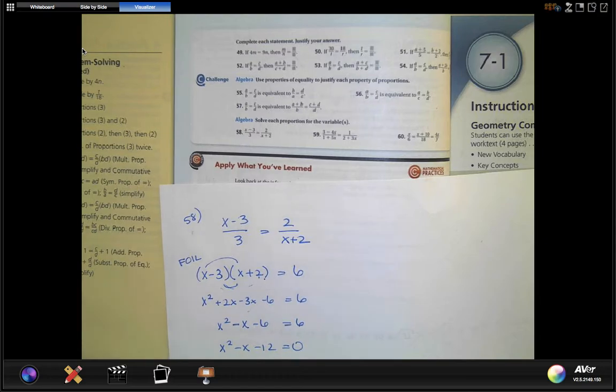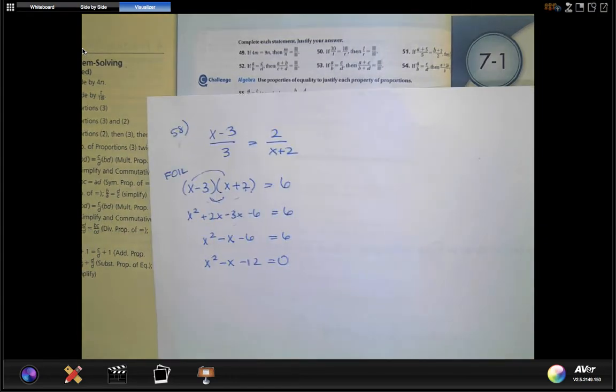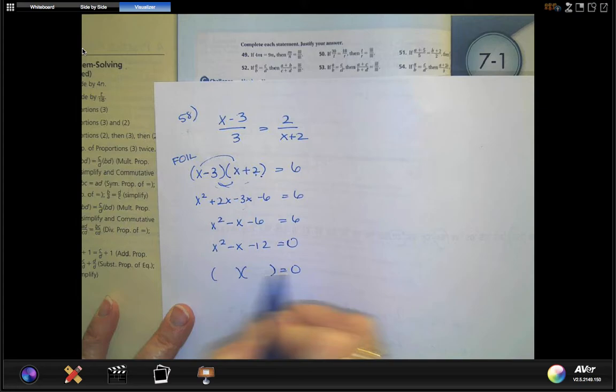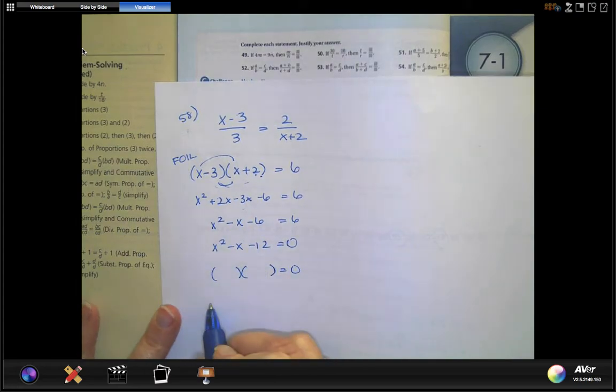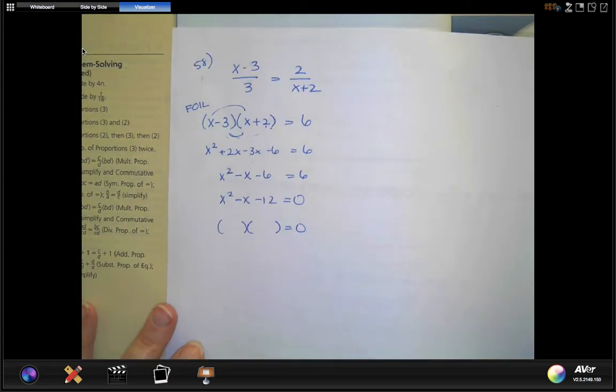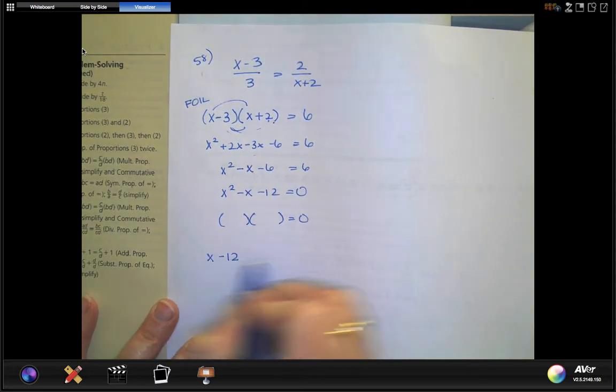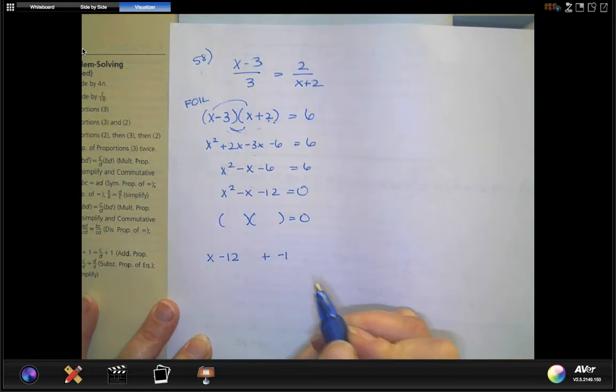So at this point, you could use the quadratic formula, if you remember that, or you can also think about it, okay, let me go backwards now. I'm unfoiling it. So what numbers would I multiply to get negative 12, but when I add them together, I get negative 1?